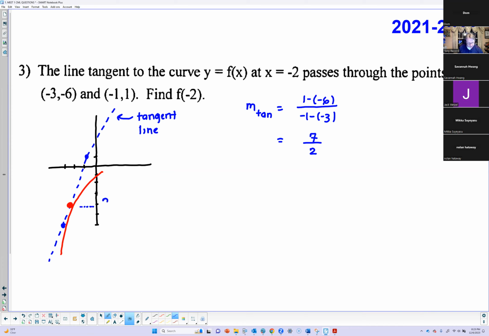This guy right here, and the picture's not drawn to scale, so don't start counting little blocks because that's not going to help us. Okay. Well, I can't do anything until I know the f of x equation, but that's not true. Tell me an equation that you guys do know.